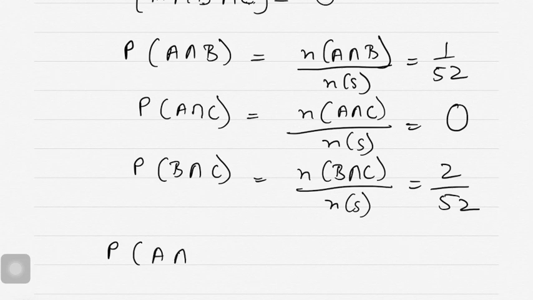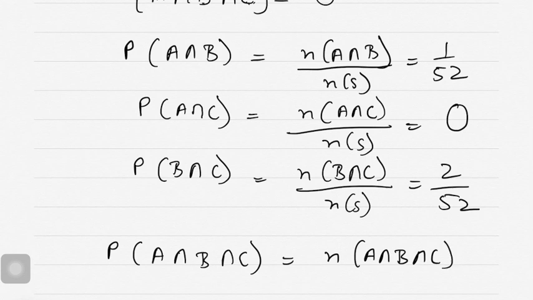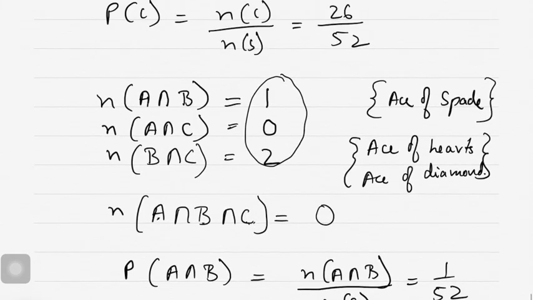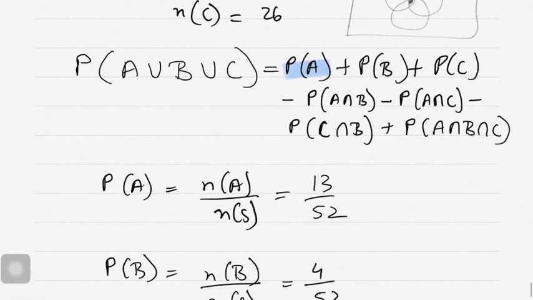And P of A intersection B intersection C would be n of A intersection B intersection C. This is also 0.